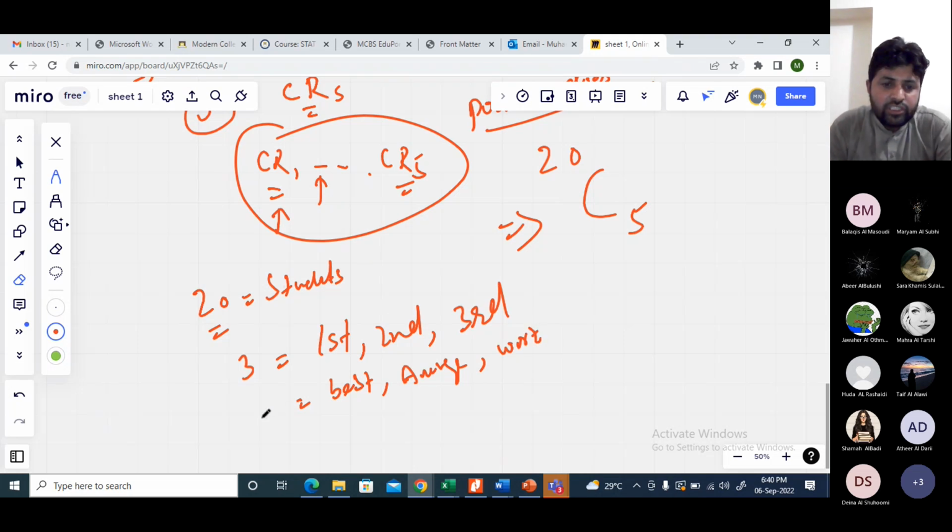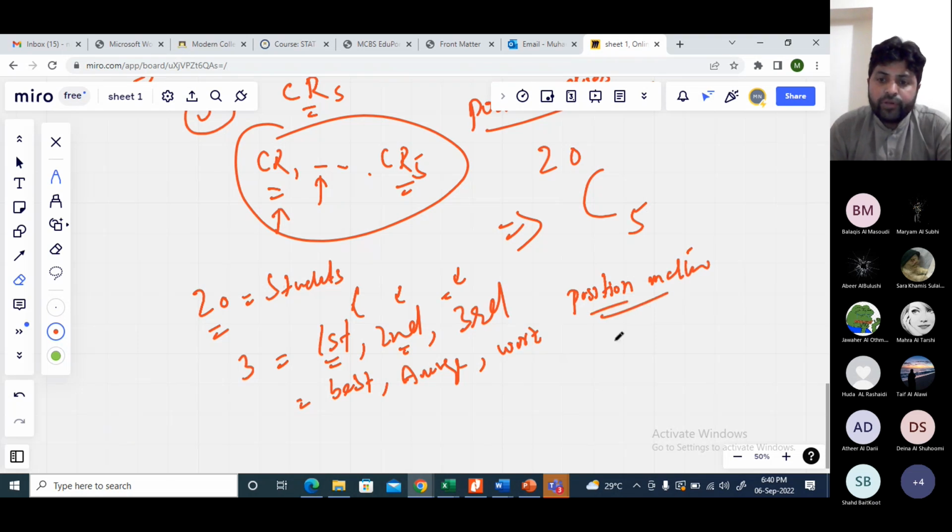In this situation, you see that the first position is not similar to the second position. The second is not similar to the third position. So all positions are different. We are selecting out of 20 students, but the position here matters.